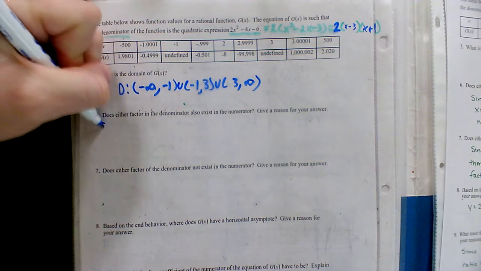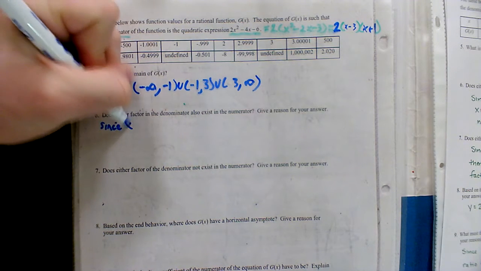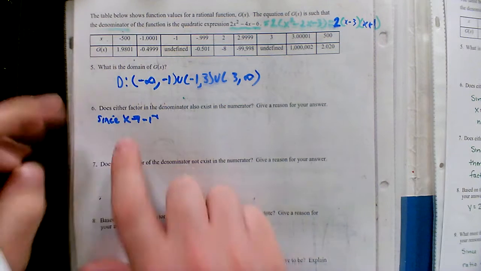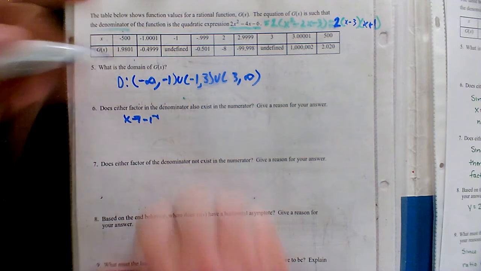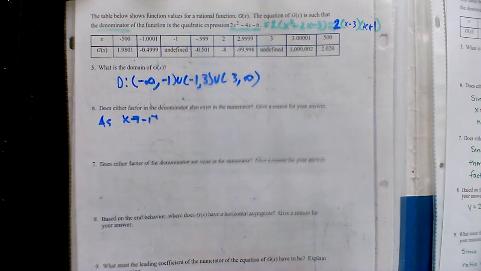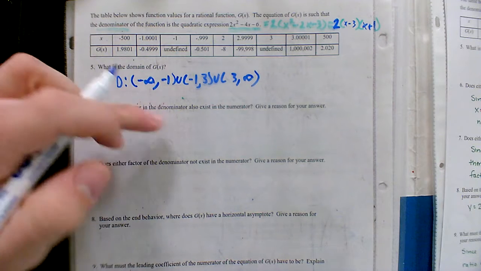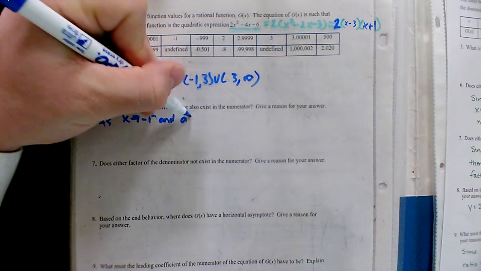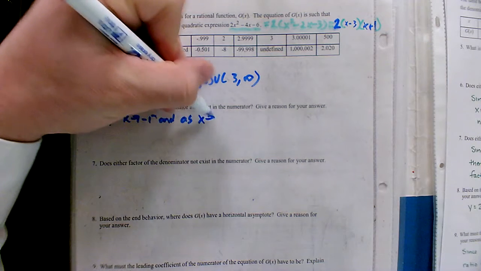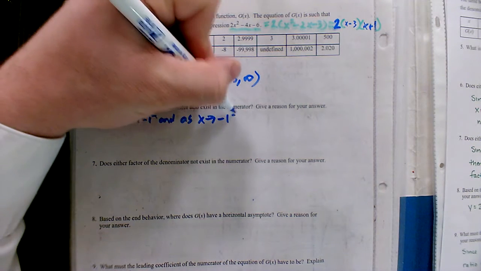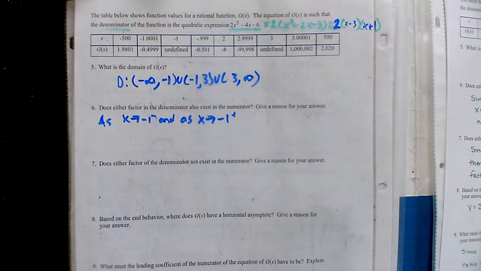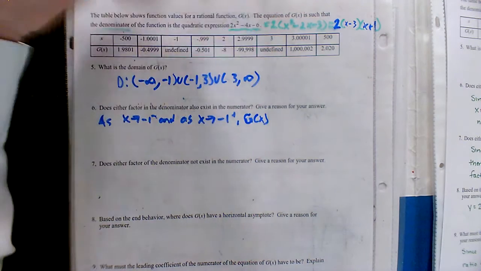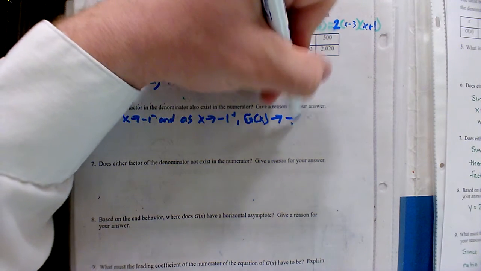So we're going to say, as x is approaching negative 1 from the left, and as x is approaching negative 1 from the right, g of x approaches negative 0.5.